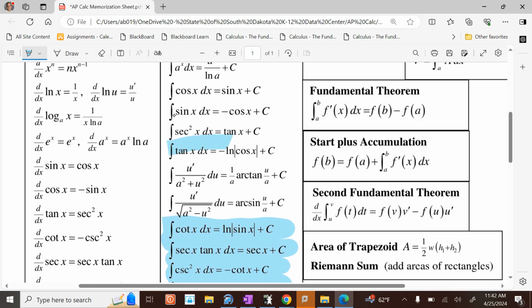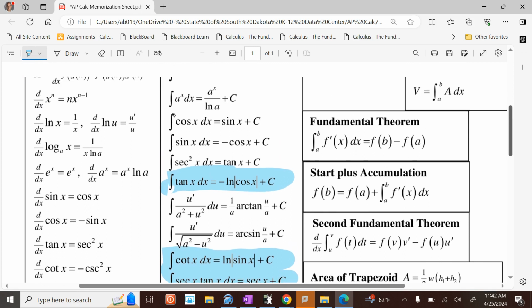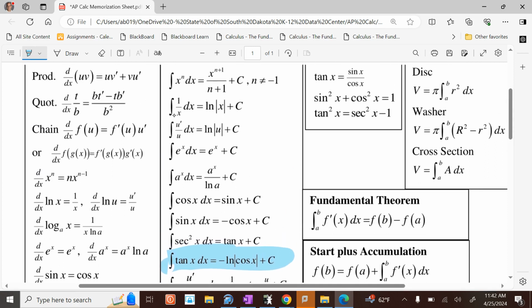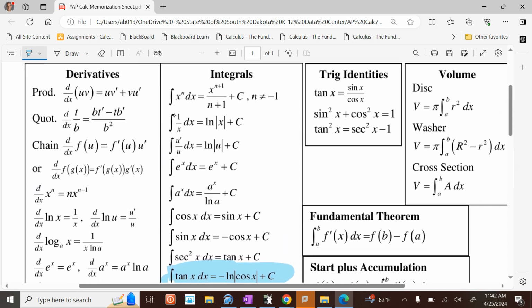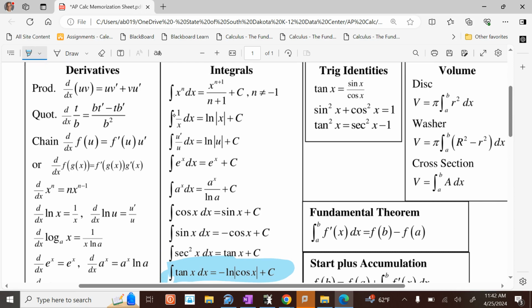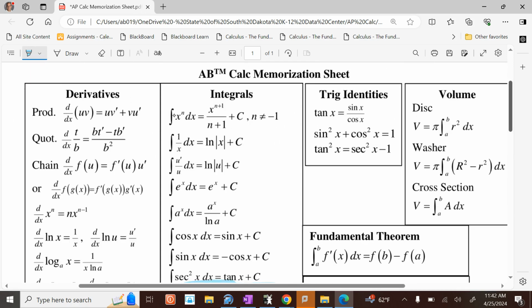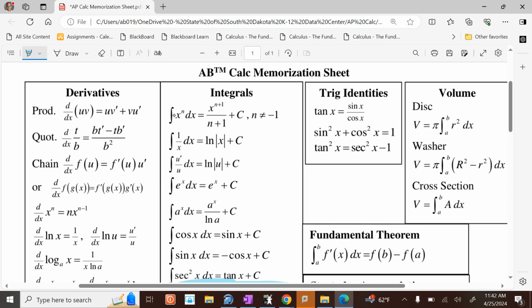This one I'm not going to put on there either. You'll have choices down there for you, so you won't have to write everything from memory. There'll be a little bit given to you.